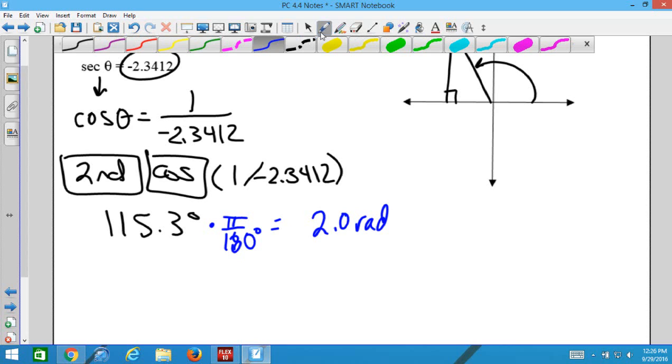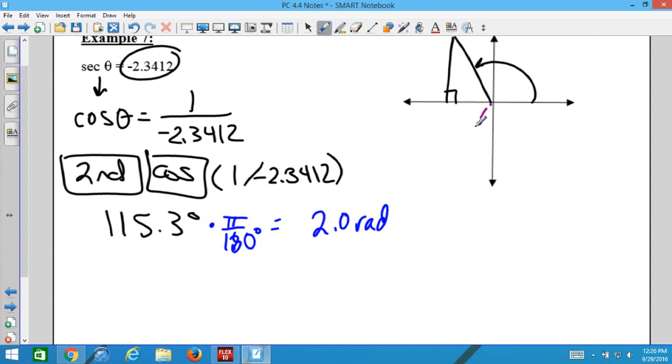Okay, where is the other place that cosine or secant is negative? The third quadrant. So the other one would be right there. And we've defined what angle goes all the way around to there. There is more than one right answer, how could I do that?